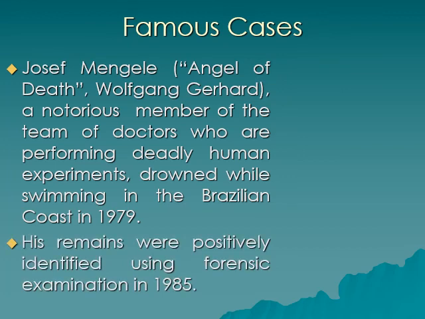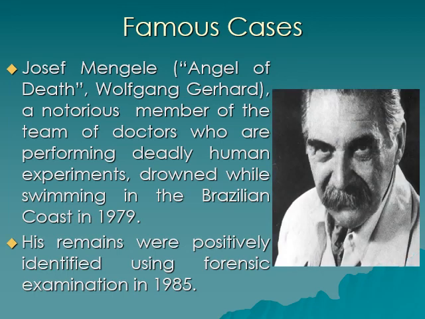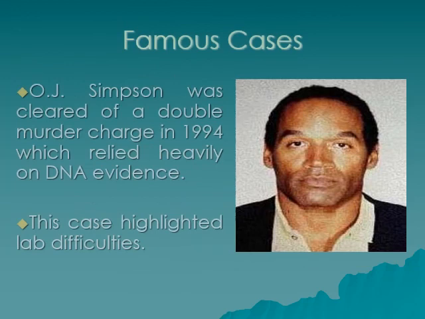He drowned while swimming off the Brazilian coast in 1979. His remains were positively identified using forensic examinations in 1985. Lastly, O.J. Simpson was cleared of a double murder charge in 1995, which relied heavily on DNA evidence. So this case highlighted lab difficulties.